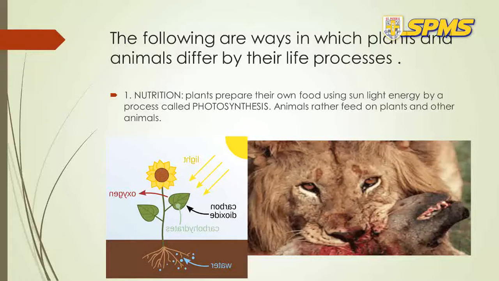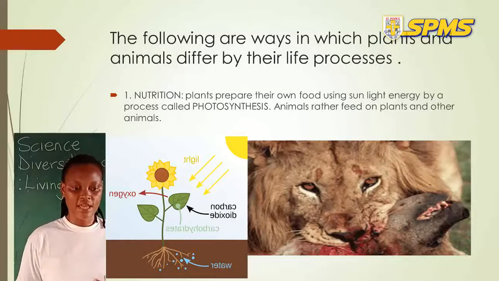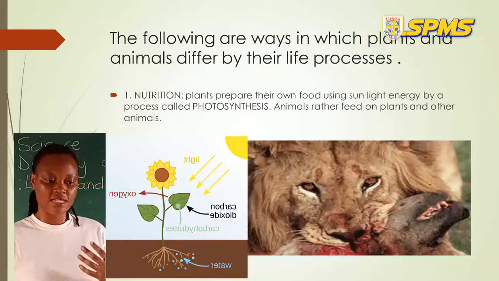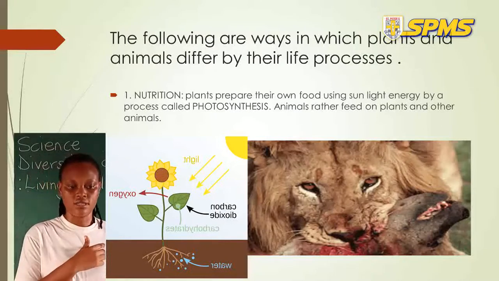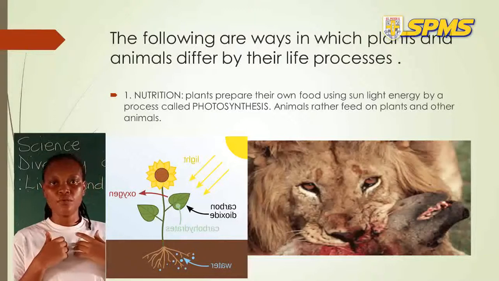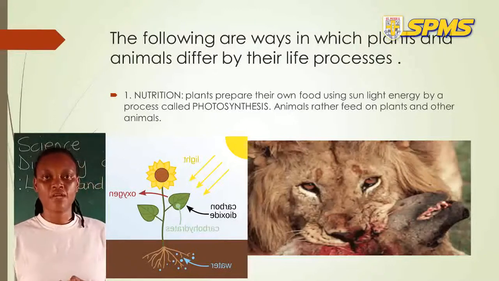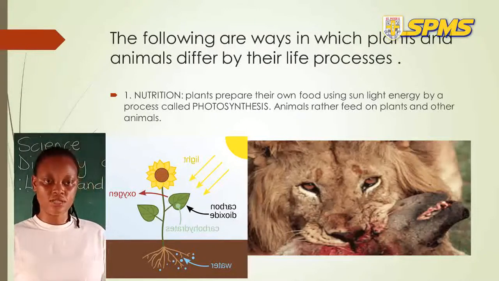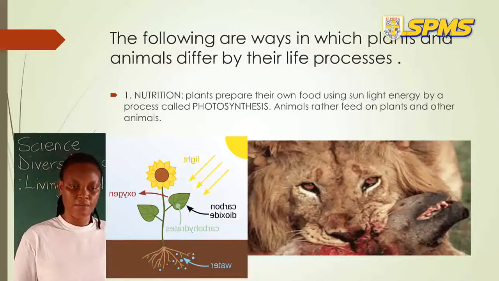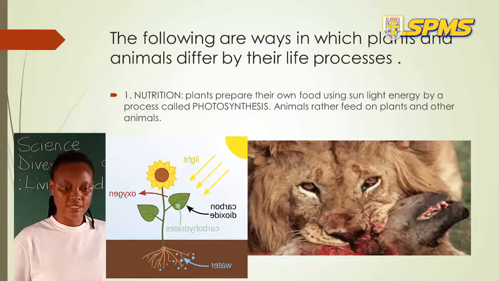So in this case, we can see that there's water underneath at the roots, and then the leaves of the plants give us oxygen, and then humans give plants carbon dioxide, as you can see in the picture for the plants.